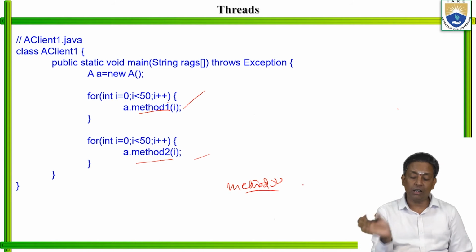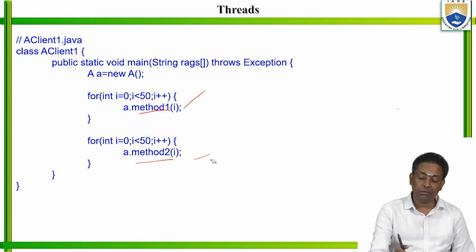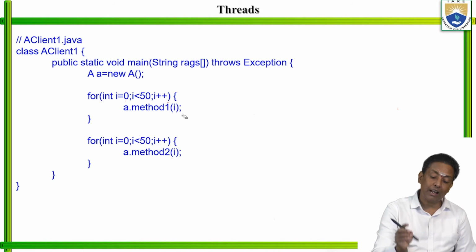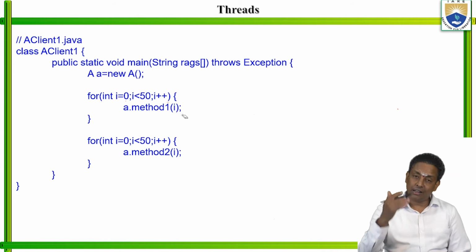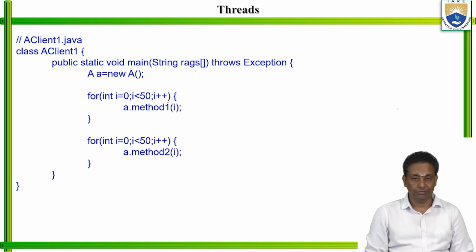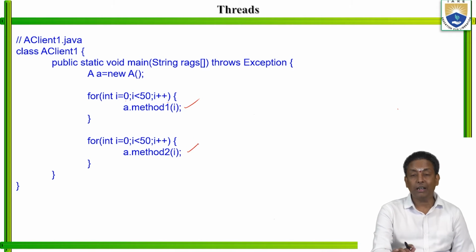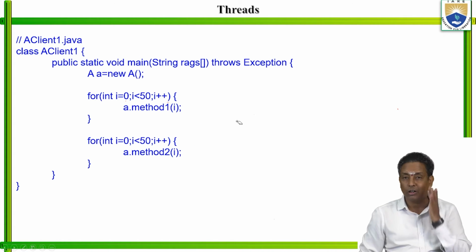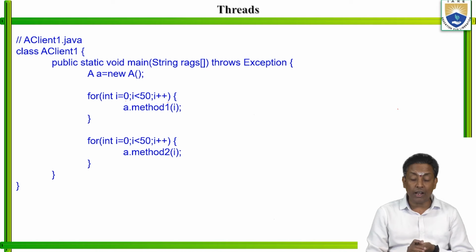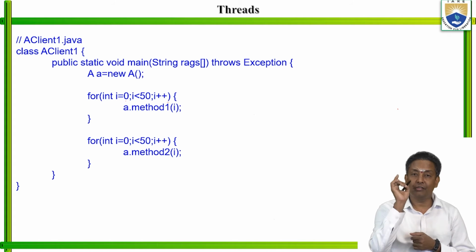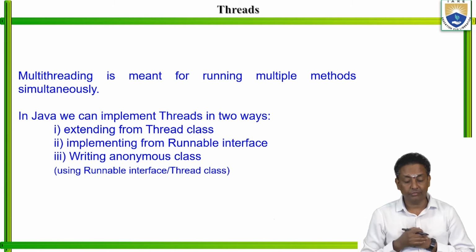These methods run for as much time as given to them, and within that time all the methods will complete their execution. Methods can run sequentially, but methods cannot run simultaneously on their own. That is why for each method we need to write one thread class.